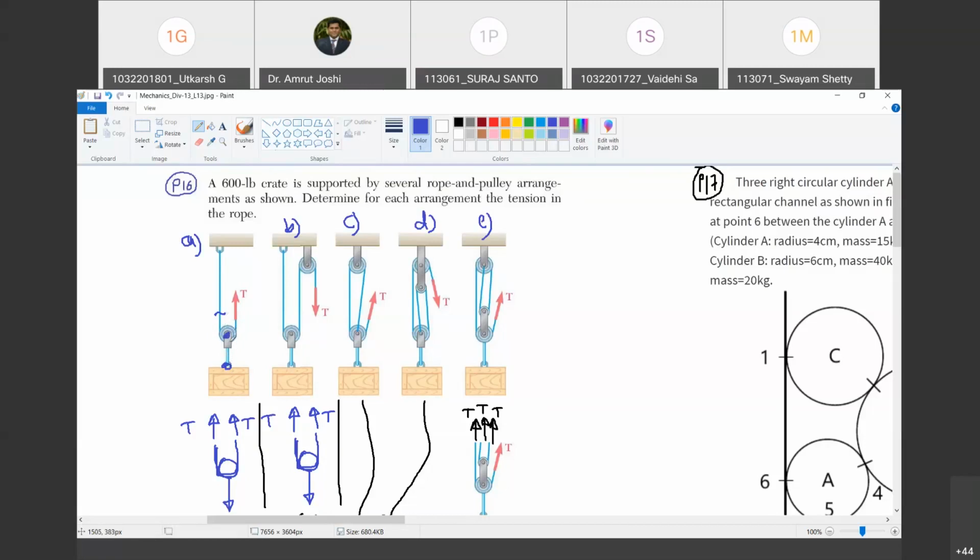If we make the FBD at that point, two tensions are going up and one is going down. The problem with this is that in that case we have to say that the pulley is external. Are you with me? To this point, pulley is external. So what this pulley does on this point needs to be shown, but then that in turn is loaded because of the strings. Are you with me?